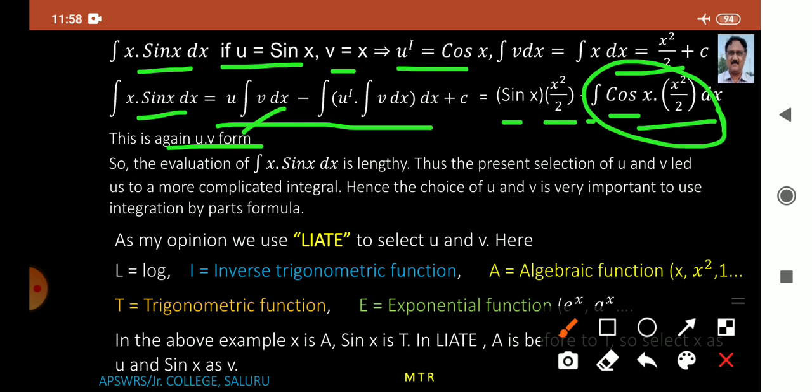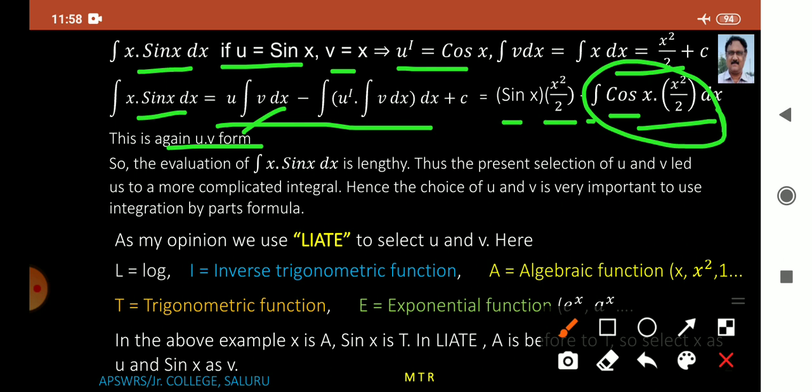So the selection of u and v is very important in the integration by parts formula, integral uv dx. If we make a wrong selection, the problem does not end.